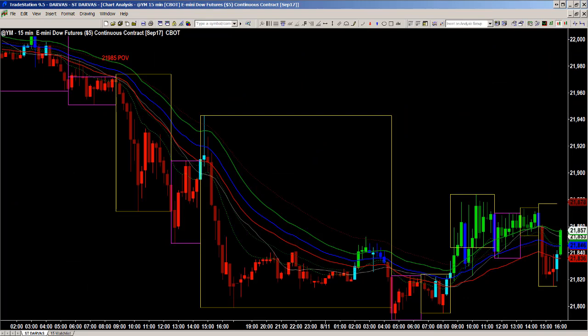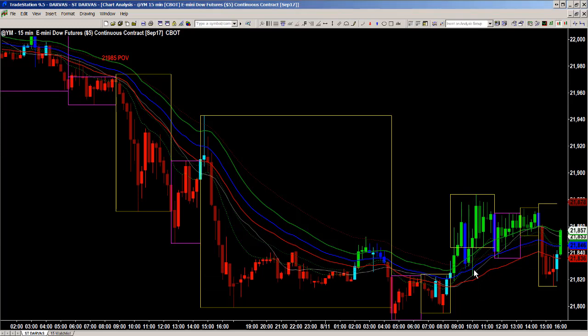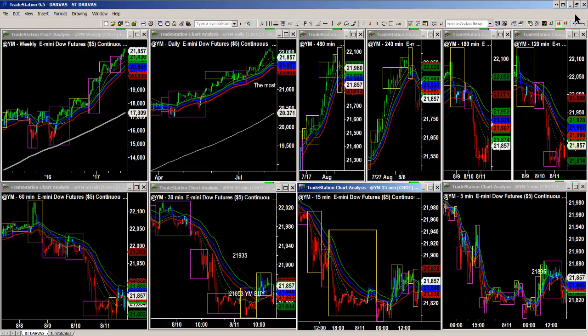I want to show everybody something because this was a more aggressive level from a lower entry point, which would have had you long around the 827, 830 level, and that would have been on the 15. I'm pointing this out because I want you to realize there are a number of ways we could take advantage of these intraday wave reversals, and you can get about as aggressive as you'd like. Of course, more aggression means a slightly different risk reward, or that you may be getting in at a level where the market will continue to chop before really seeing some acceleration.